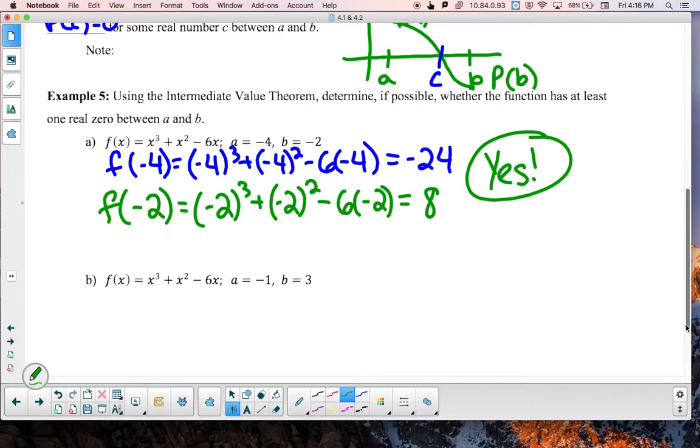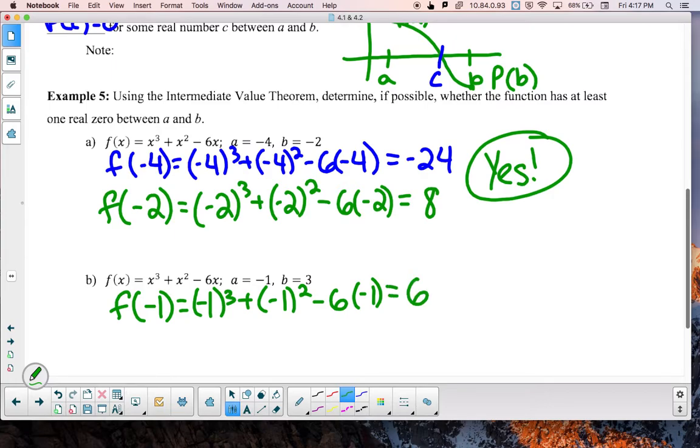Then for part B, again, we want to take f of negative 1. This would be negative 1 cubed plus negative 1 squared minus 6 times negative 1, which would be a positive 6.